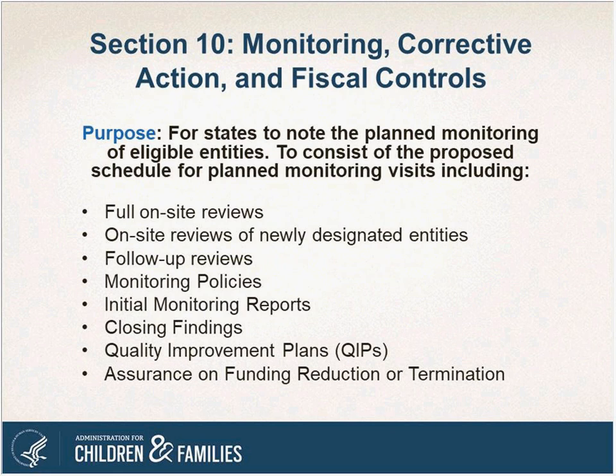Section corrective action and fiscal controls. This section should be utilized to specify the proposed schedule for plan monitoring visits, which includes full on-site reviews, reviews of newly designated entities, and follow-up reviews. This will also be an area for states to highlight their time frames for dissemination of initial monitoring reports, as well as the process for addressing findings from the monitoring that is conducted.